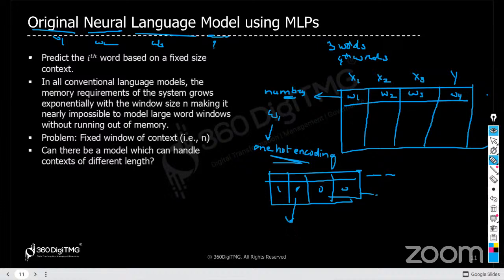So the size of everything would be V, and you connect that to a hidden layer.